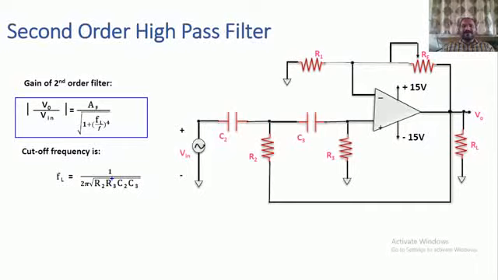Remember, the rest of the filters which we will see are all constructed with the help of the high pass and low pass filters only. So if you have any confusion or any doubts regarding the low pass filter and the high pass filter, or whether it is first order or second order, you had better let me know in the group.